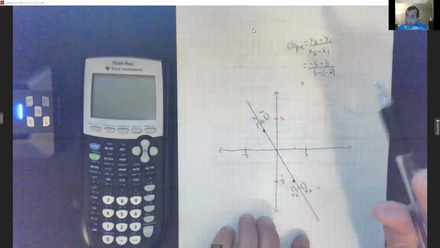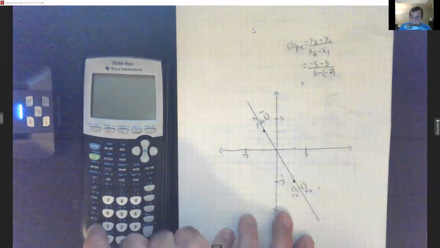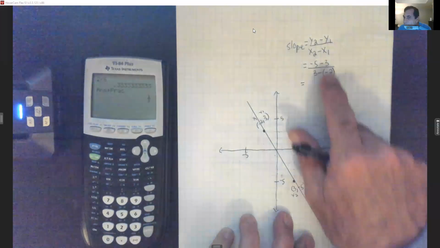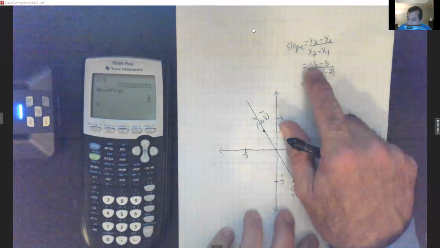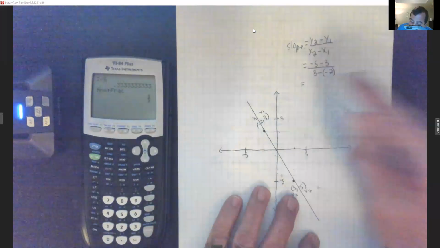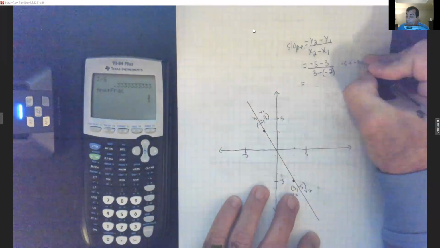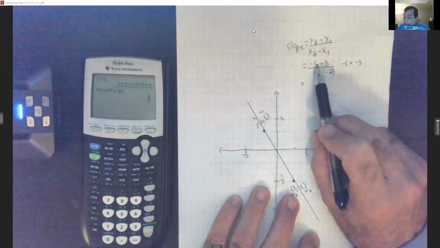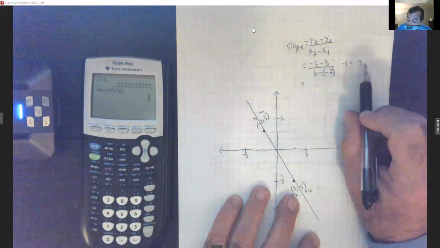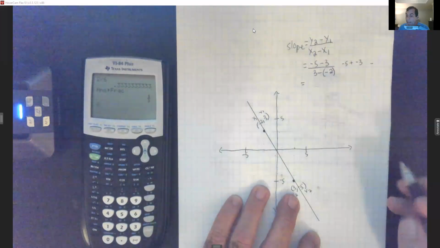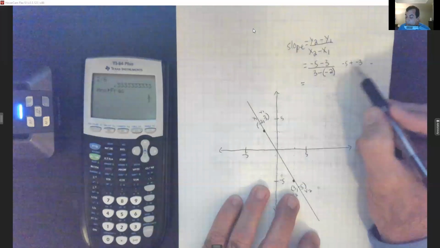So now watch, the calculator can do this. But really, when you see a negative 5 minus 3, that's like a negative 5 plus a negative 3. And anytime you add like signs, you keep that sign. So that's going to be a negative. And then you add the numbers together. So 5 and 3 give me 8.